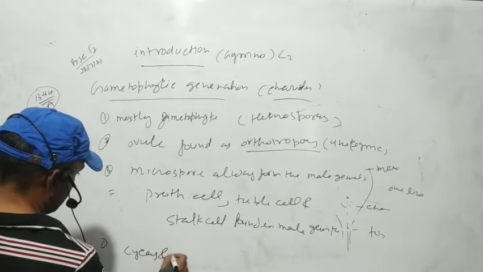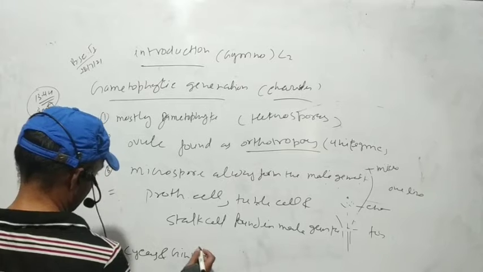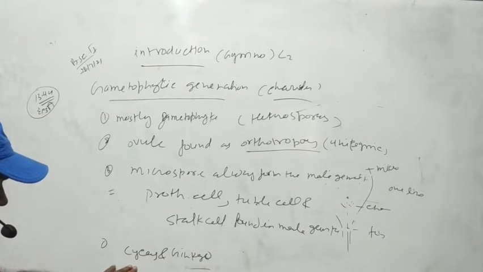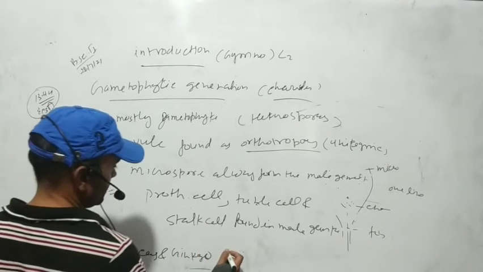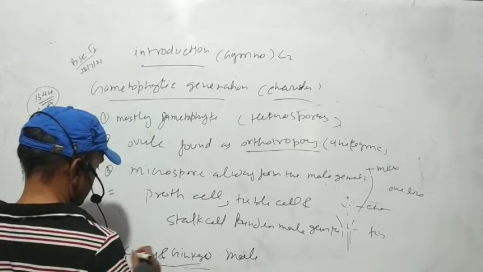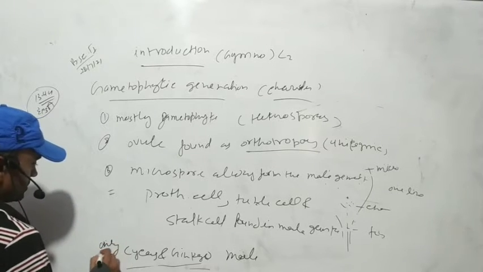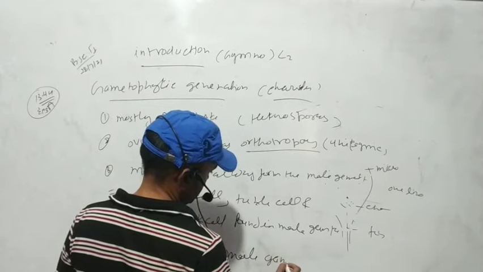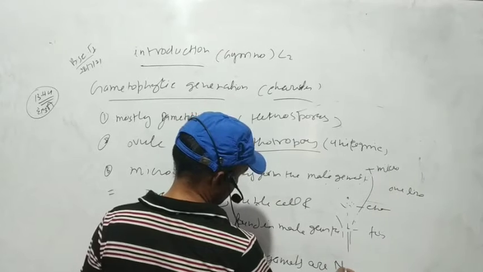In both Cycas and Ginkgo, the male gametes are motile.